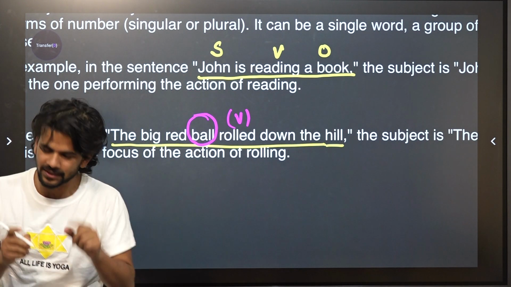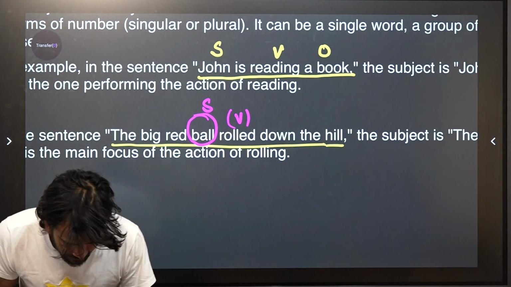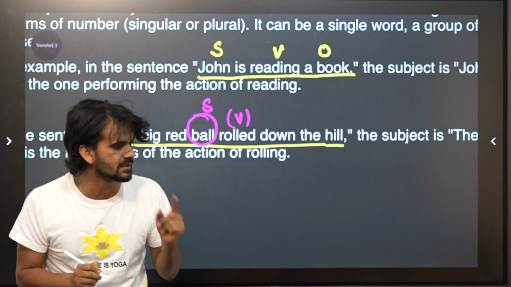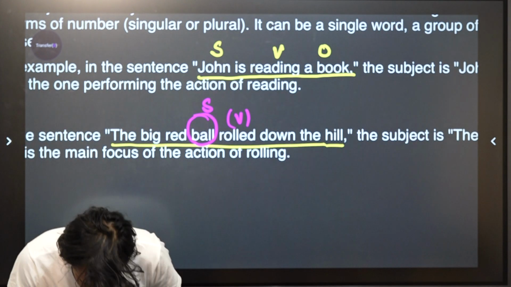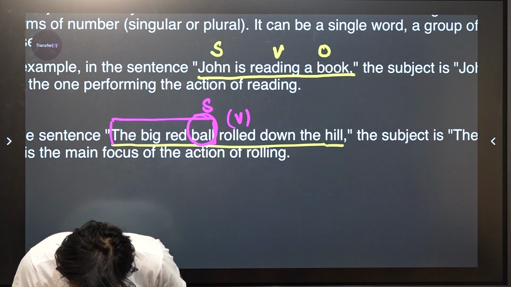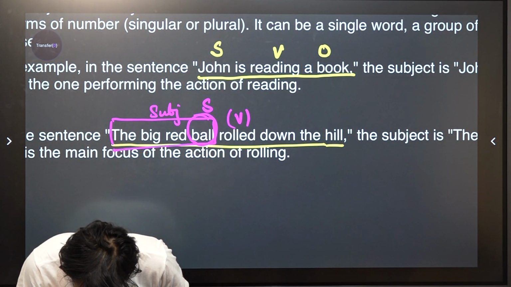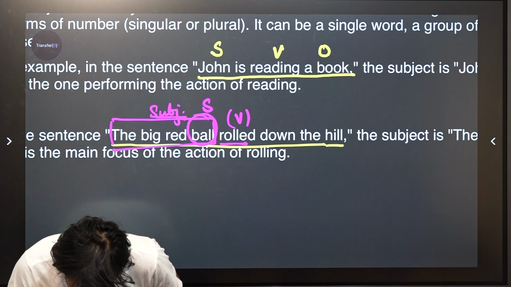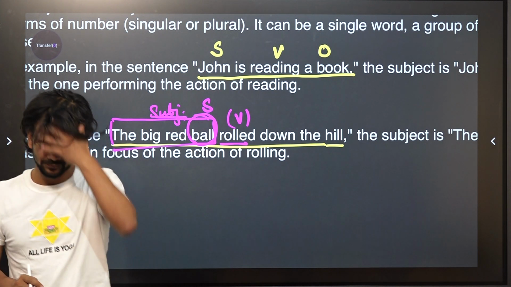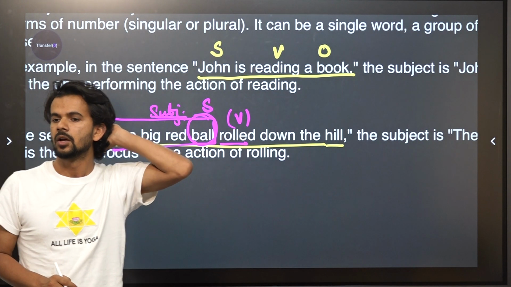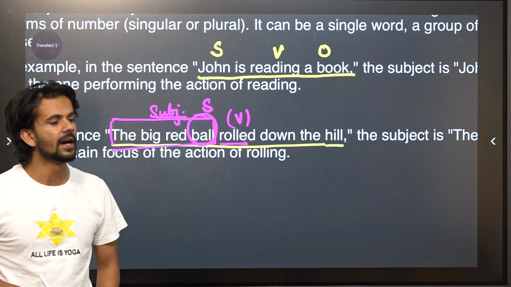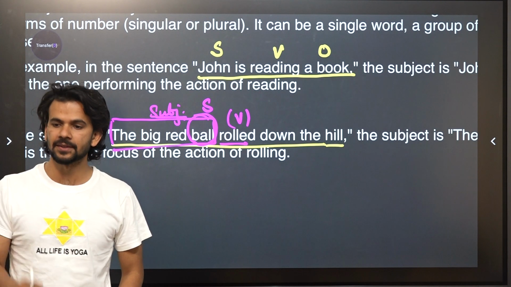So that's actually the subject. But the big red, big and red, what are they doing? They are describing the ball. So you can say that the whole thing, the big red ball, is the subject. So this is how you figure out the subject of a sentence.